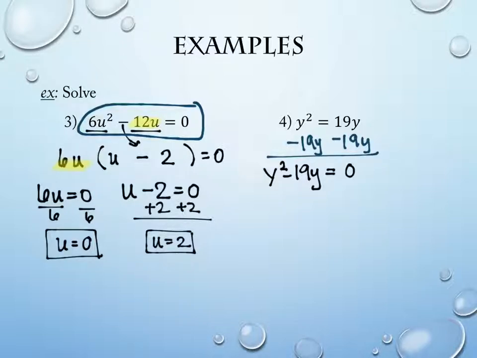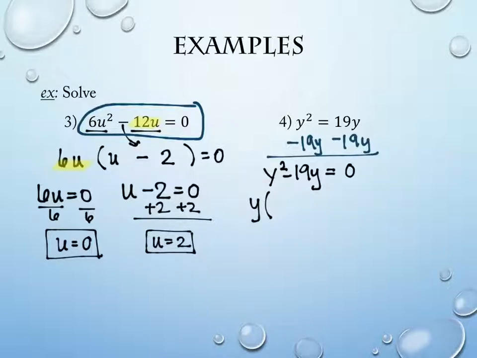And once I've done that, it actually looks a lot like the last problem, doesn't it? Where it began. So now again, I can look at these pieces and ask, what do y squared and negative 19y have in common with each other? A y. And that's it, right? Because the y squared doesn't have a coefficient that's not 1, so I don't have any comparison to make there.